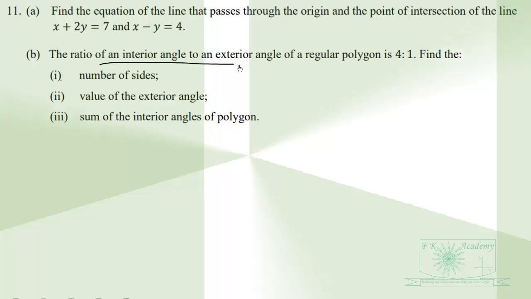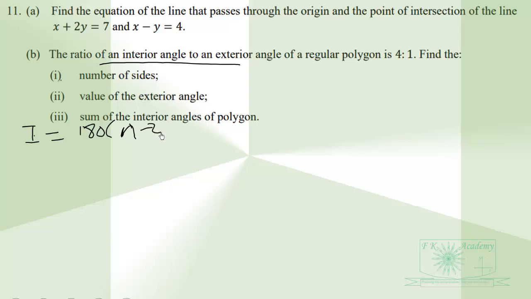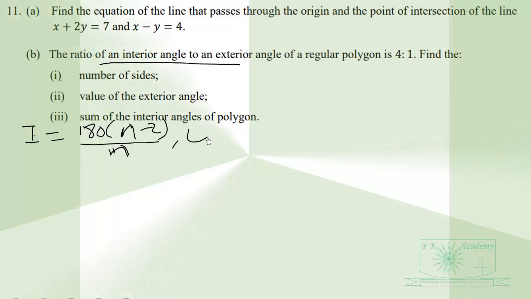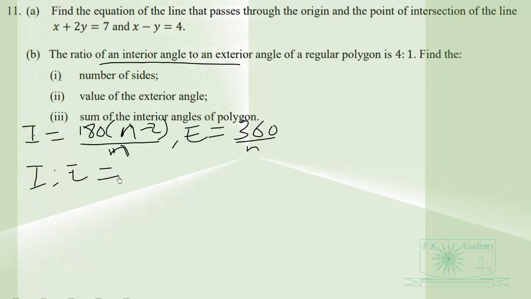So the ratio of interior angle. We know that the interior angle I is given by 180 into bracket n minus 2 over n, and the exterior angle is given by E is equal to 360 over n. So the ratio I is to E is equal to 4:1.